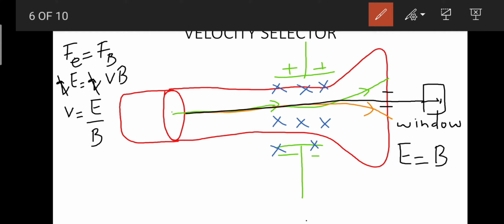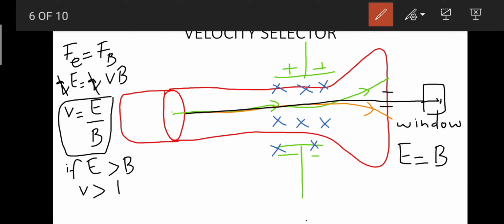From this equation we notice that if the electric field intensity is greater, like if E is greater than B, then the value of V would definitely be greater than 1.